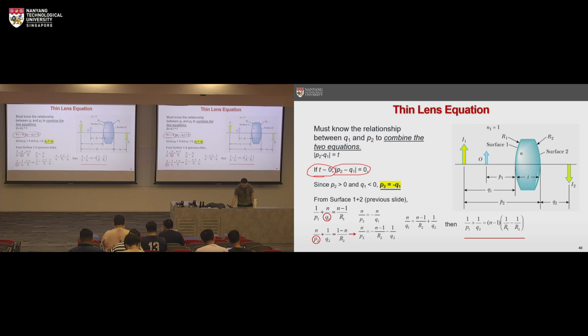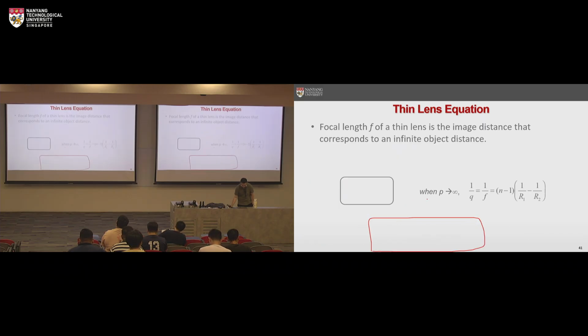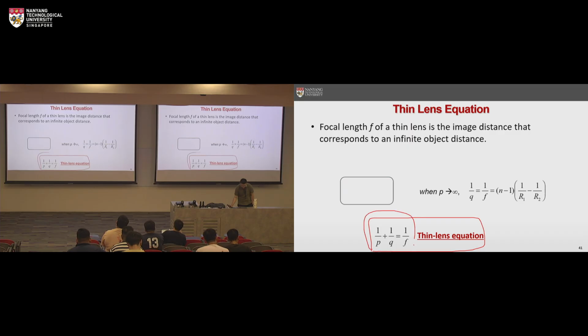So your P2 minus Q1 is also 0, because P2 is your second object distance and Q1 is your first image. When they apply all together, very surprisingly, you'll discover that this equation goes back to the exact same equation as the mirror. So this is called the thin lens equation. In the mirror, we call it the image equation.